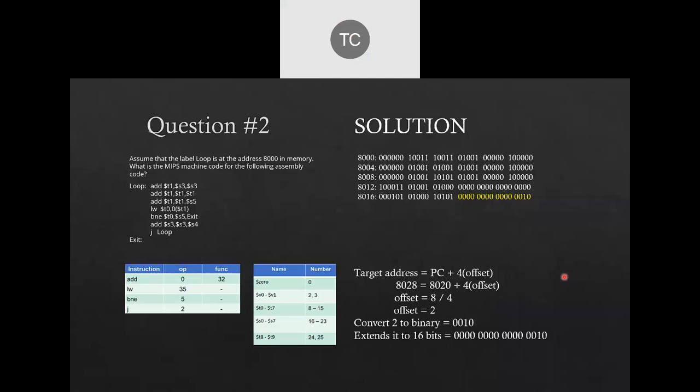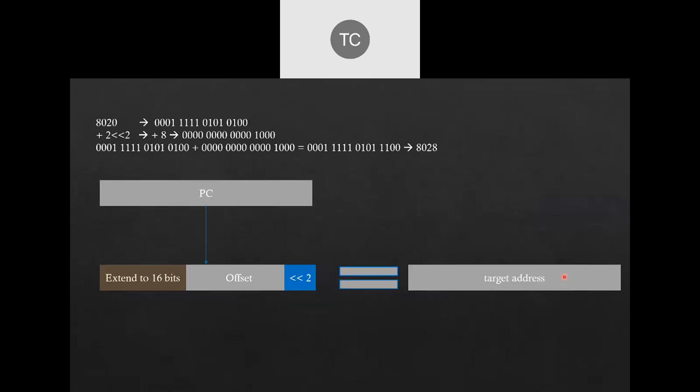As in the slide, we take the target address and we pass for offset. We use the offset divided by 4 and we get the offset of 2. So we convert it into binary and we extend it into 16 bits and then put it into the immediate format on the last 16 bits.